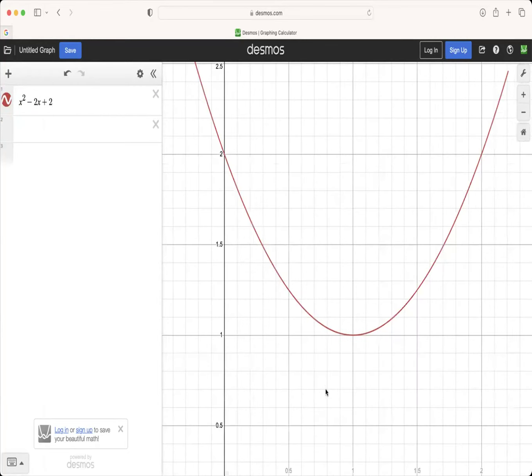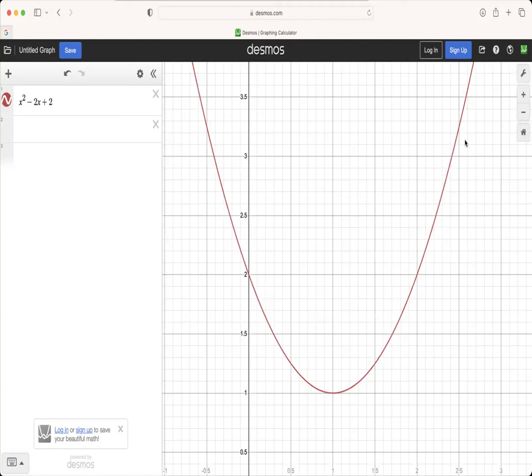This is my function. As you can see by visualization, I expect to see one critical value, resulting in the minimum of the function. So let us go back to our note and do the algebra.